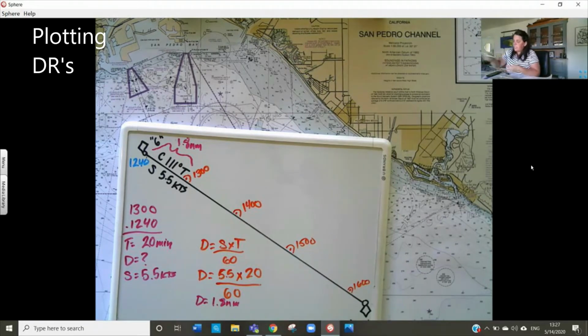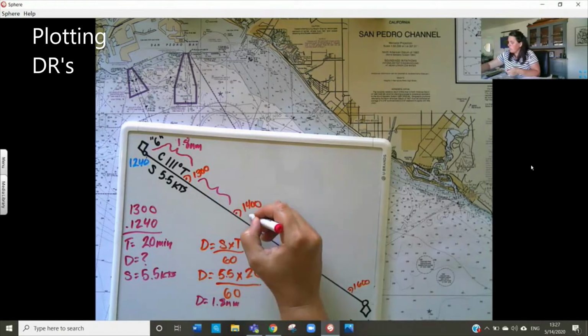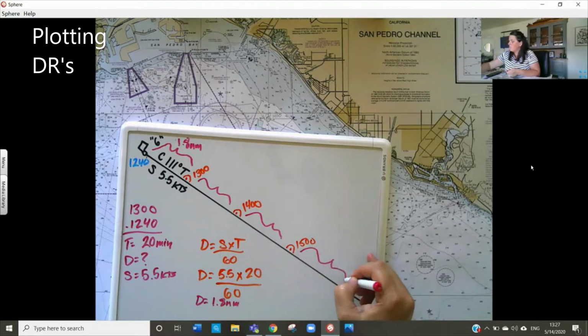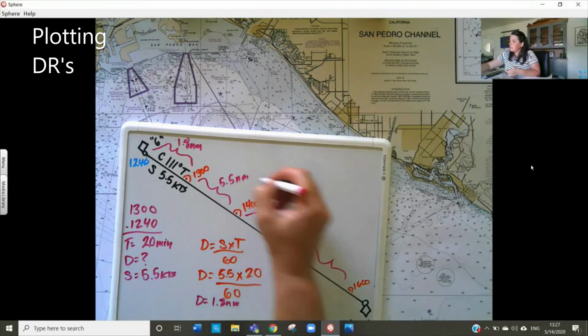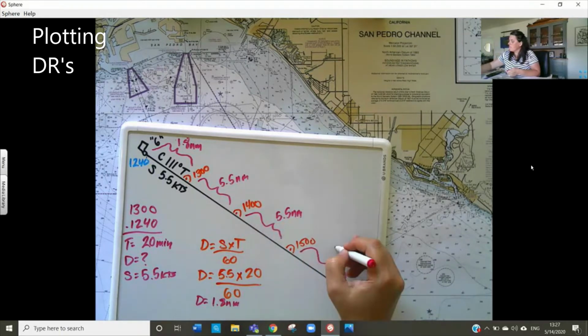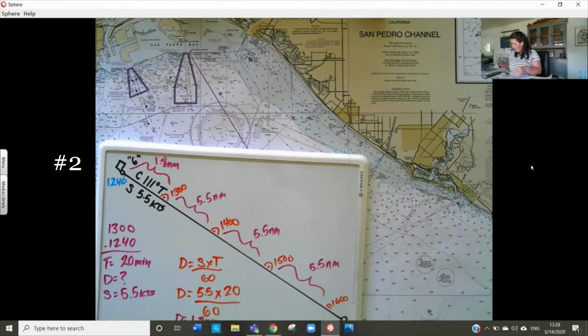So our distance between our DRs is our speed, which is 5.5 nautical miles. One part of the question was what is the total distance of this entire leg?